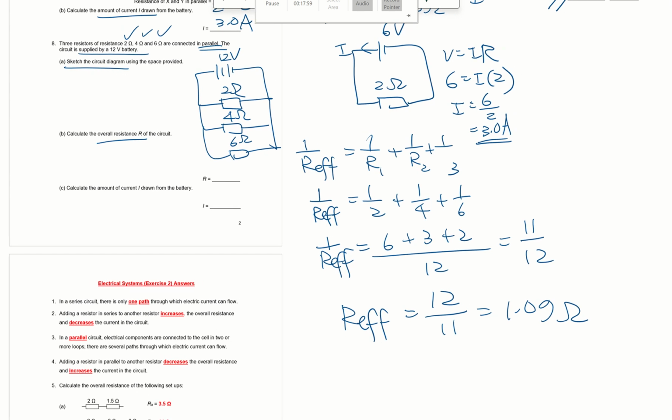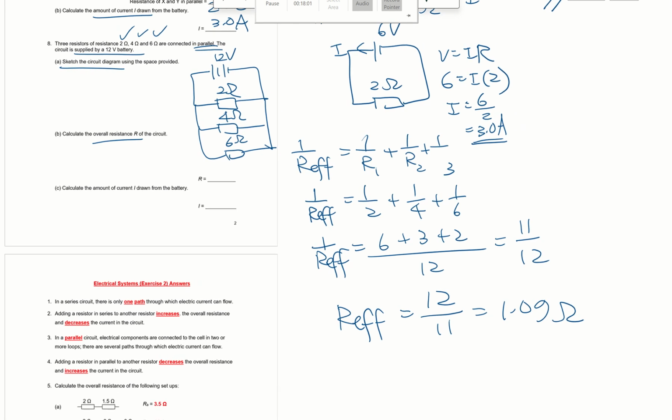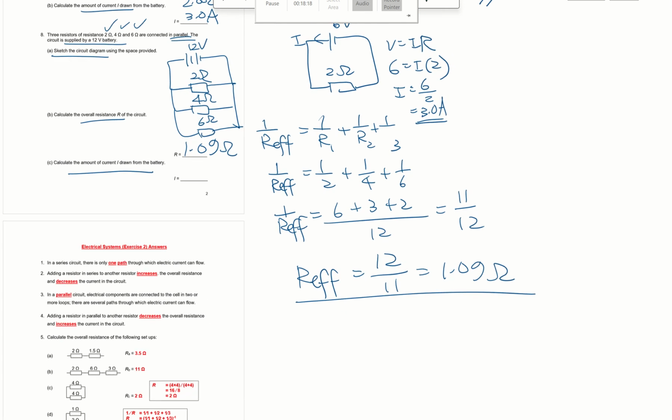3 significant figures. You all have done it. You all can help me check. Is this your answer? So it's 1.09 ohm. Okay. Now calculate the amount of current drawn from the battery. So I took quite a while to find the REFF. I'm going to use it in my calculation, because I can actually replace my circuit of 3 resistors in parallel with 1 resistor, which is my REFF.